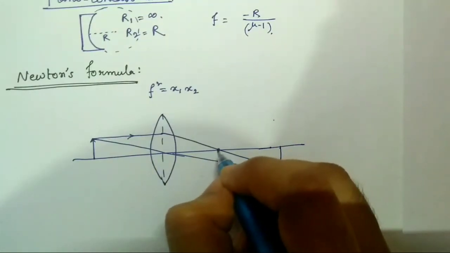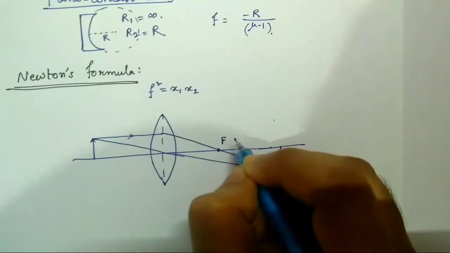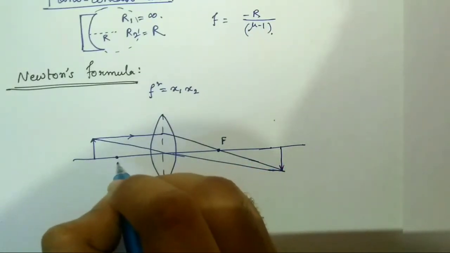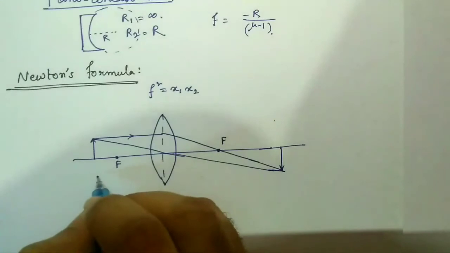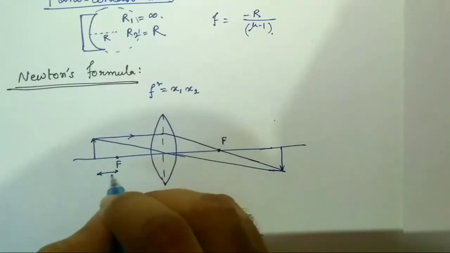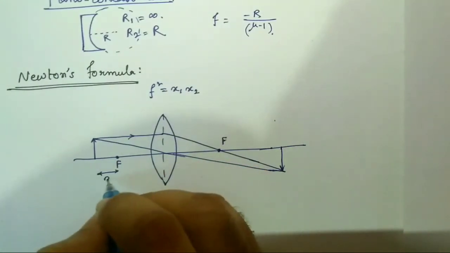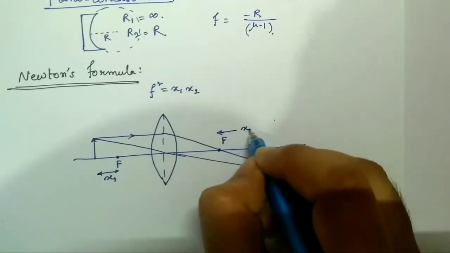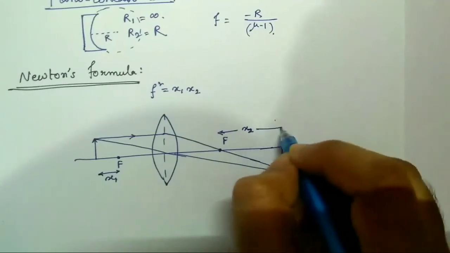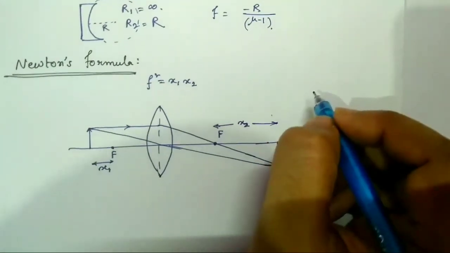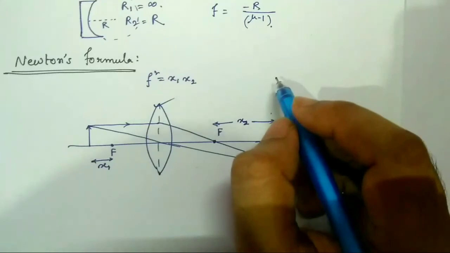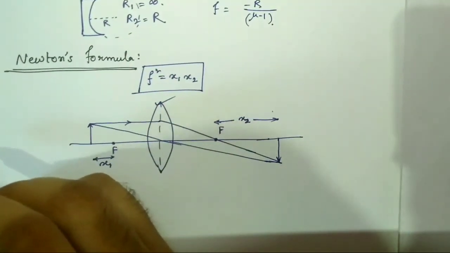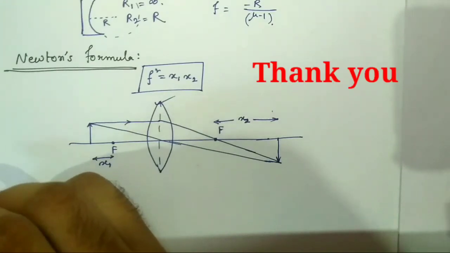This is my f, the second principal focus. This is also my f. According to Newton's formula, if the object distance from the focus is x1 and the image distance from the focus is x2, then the focal length of this lens will be given by f square equal to x1 into x2.